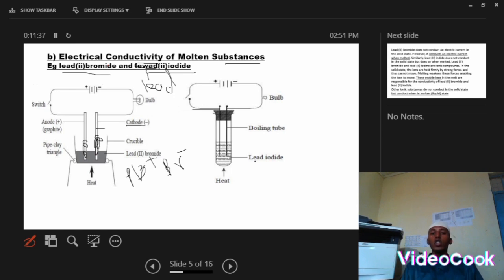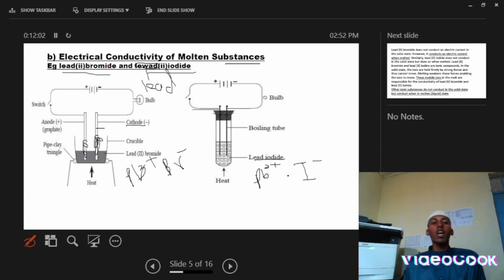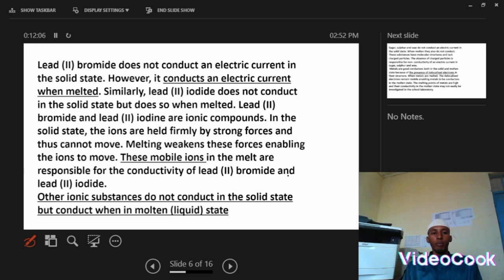In the case of lead-2 iodide, when we melt it, lead-2 ions and iodide ions are formed. Since lead-2 is positive, it migrates to the cathode, the negative terminal of the battery, while iodide ions, since they are negatively charged, migrate toward the anode, which we call the positive terminal of the battery.